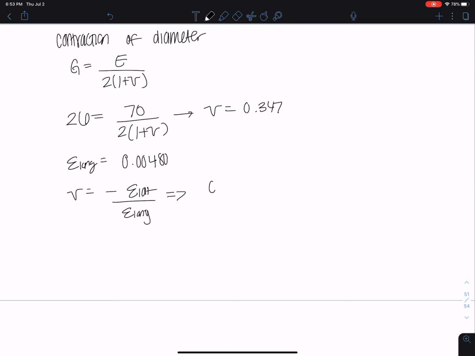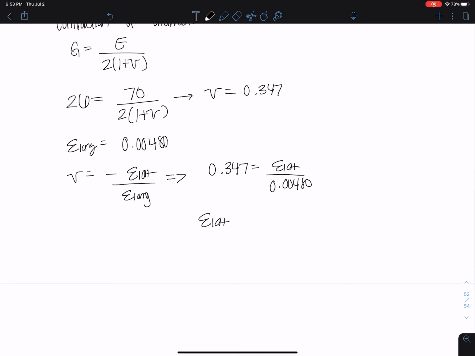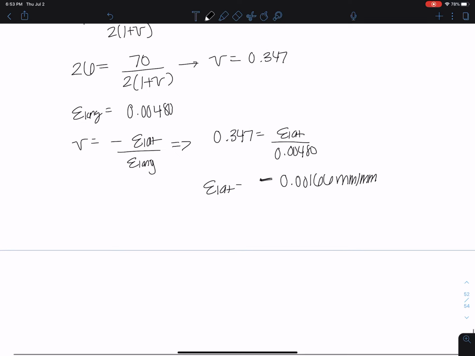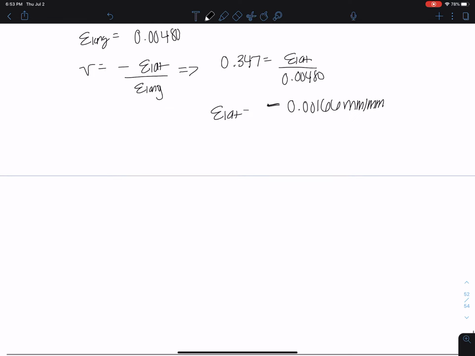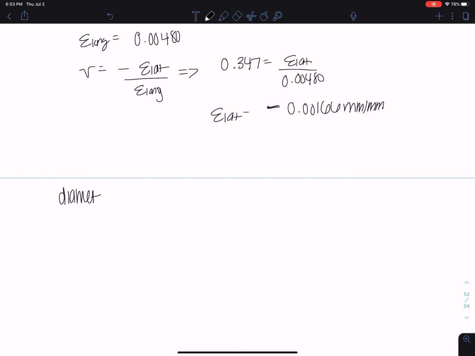And then we get to plug everything in, and we can solve for epsilon lat, negative because it's getting smaller. Okay, now last part here, let's get the diameter contraction. And we get this.